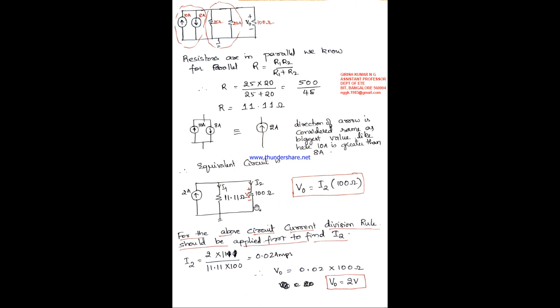Therefore, the current flowing through the 100 ohm resistance is I2, whereas the resistance value is 100 ohms. You multiply resistance with current, you get voltage. Now, my job is to find I2.